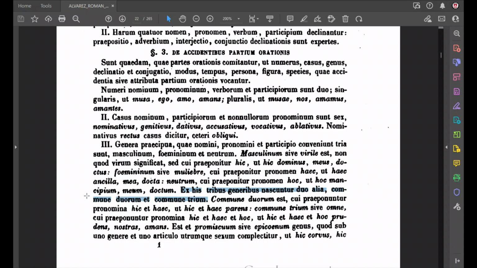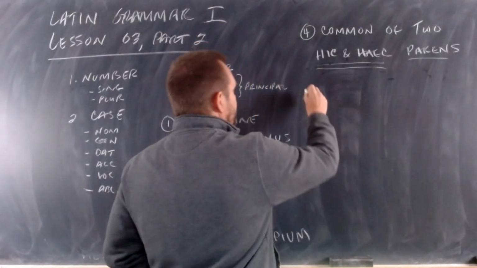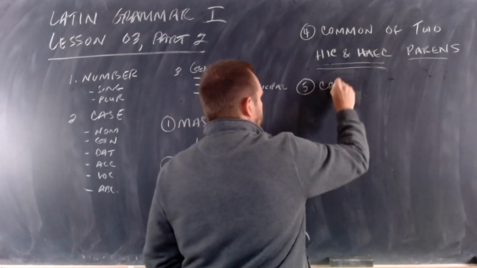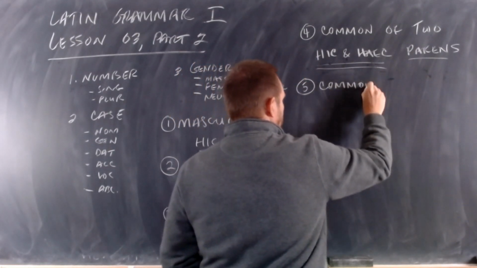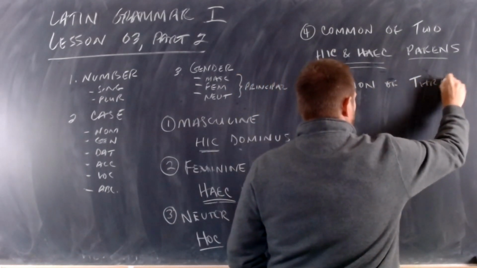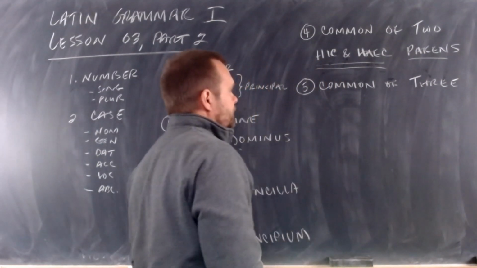Okay? So those are the other two genders that come out of this. Common of two, we saw hic et haec parens. The next gender, the fifth, is the common of three, commune trium.